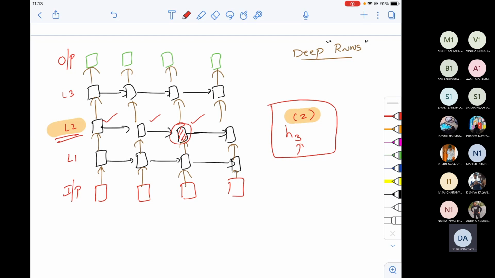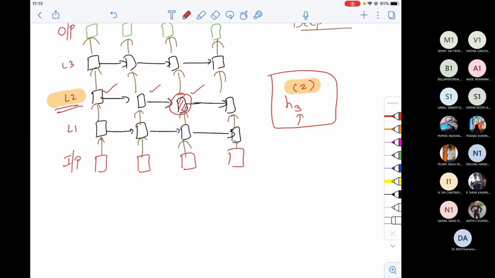Now, what is the input of H3 of 2? How do I get that? Let me write it in a generic way. HT of L, where L is the layer number and T is the timestamp. This is timestamp 1, timestamp 2, and timestamp 3. Now, what is the input for this?